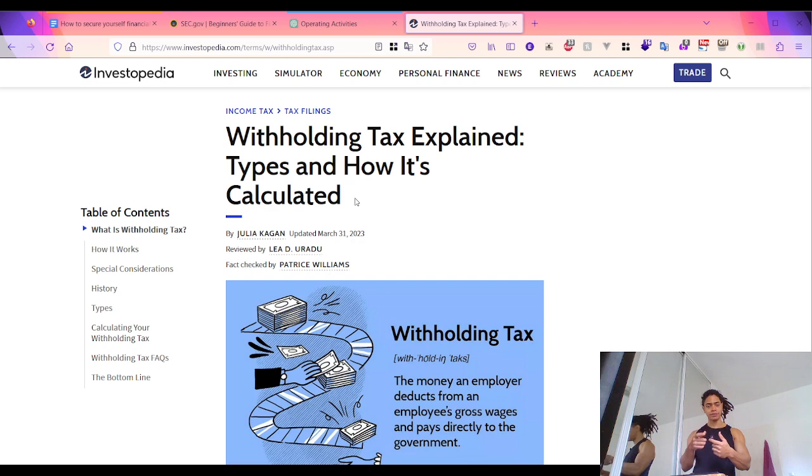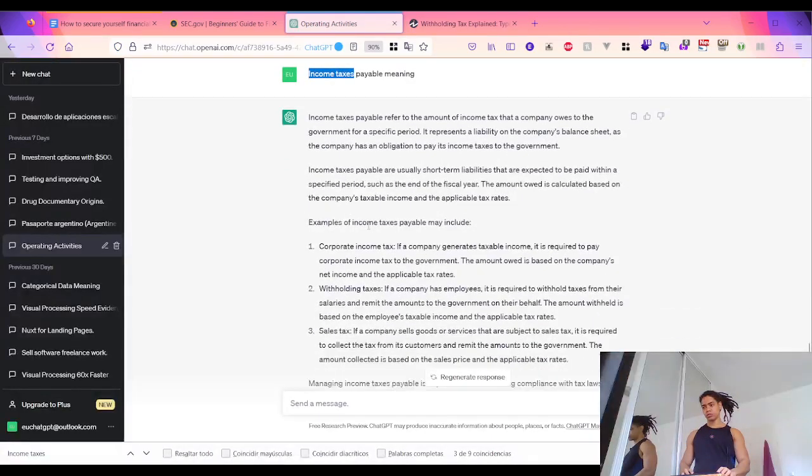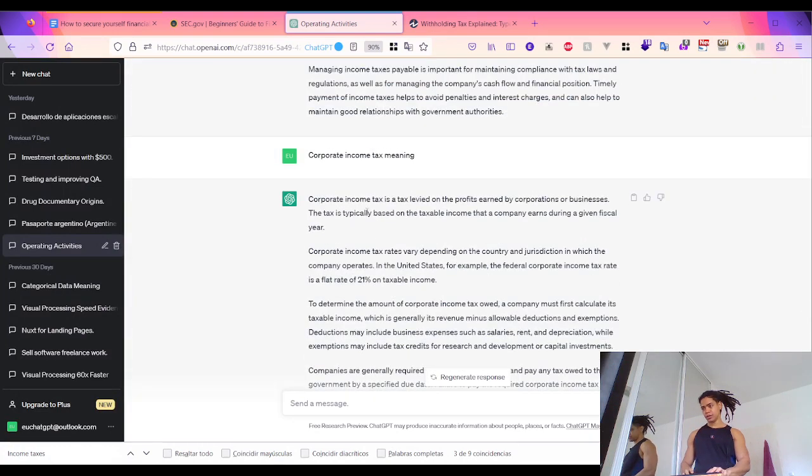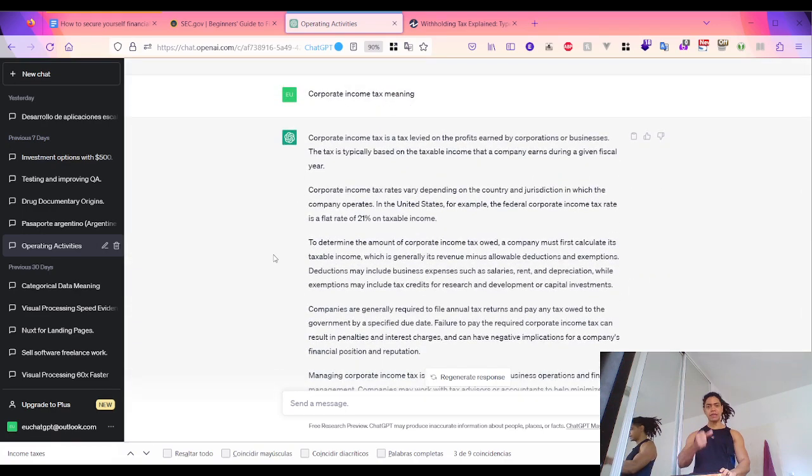It is calculated based on the corporate taxable income and the tax rate that applies. One example is corporate income taxes, money that you owe to the government based on how much profit you made, based on the net income.